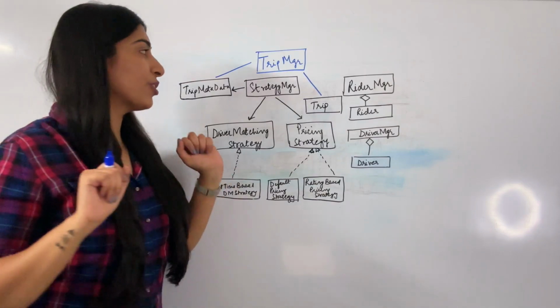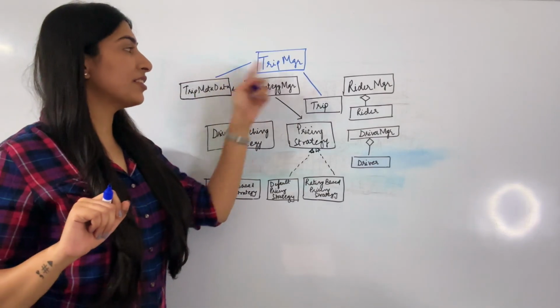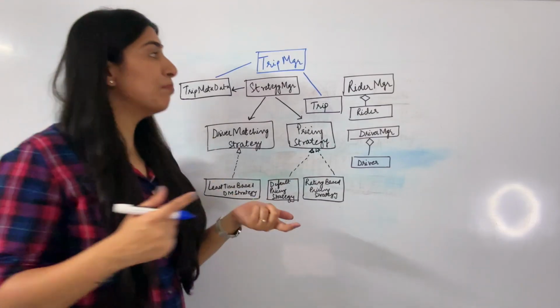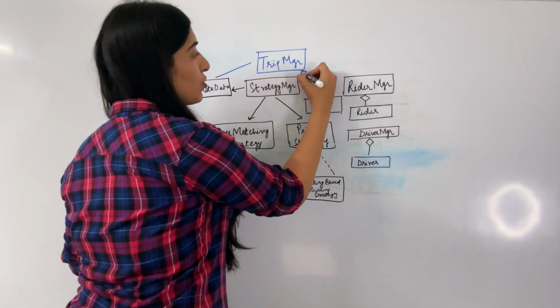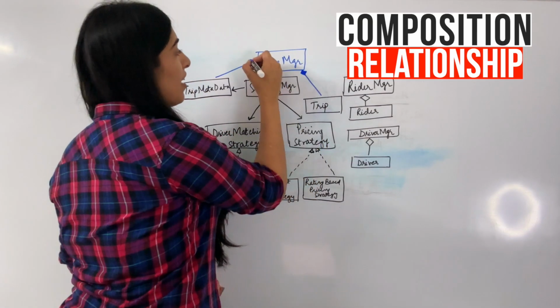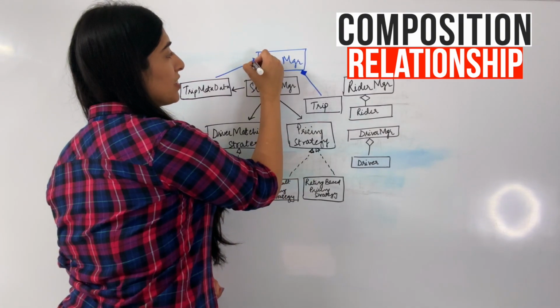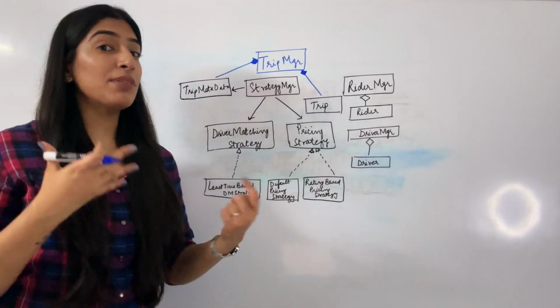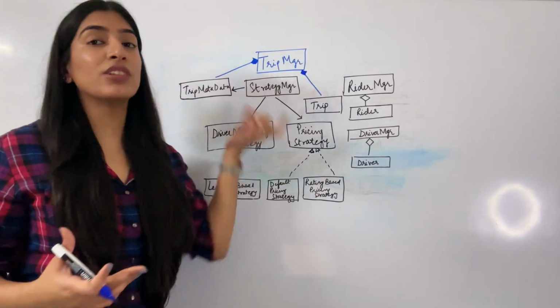Now an interesting point over here. What is the relationship between trip manager and trip? Here there was an aggregation relationship, right? But I am saying that over here it is going to be a composition relationship. And as we make more and more classes, you should start thinking about why so. Because there can be no trip created if there is no trip manager.